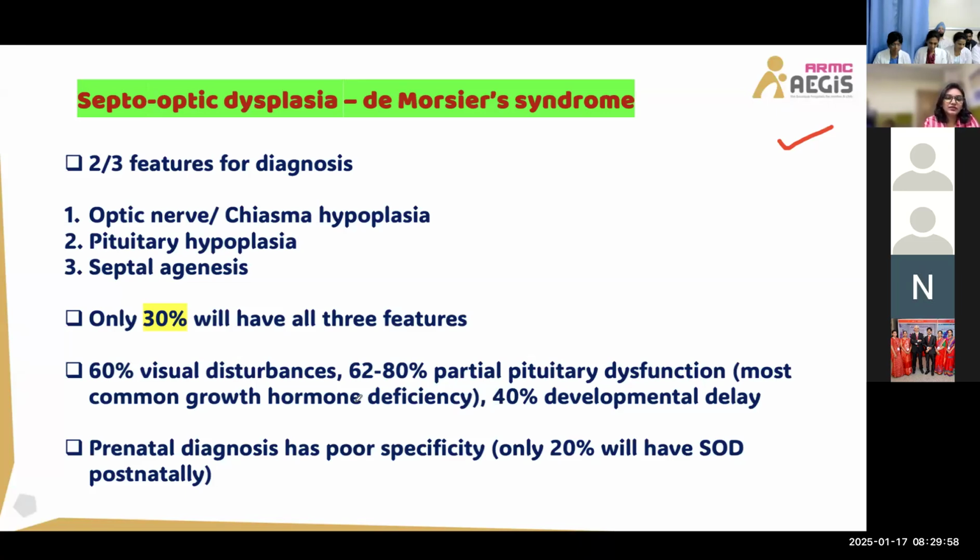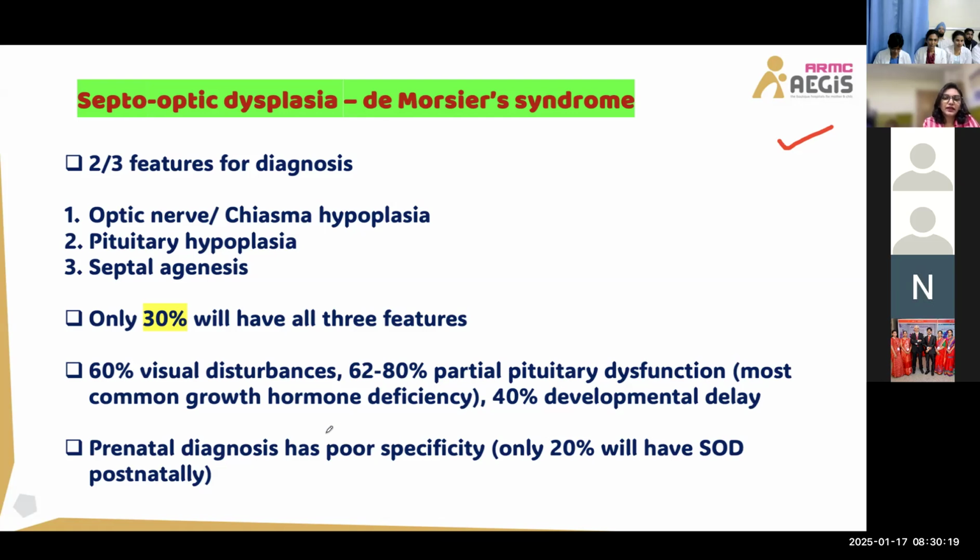Only 30% of the fetuses are found to have all these 3 features. Among these diagnosed cases, 60% are found to have visual disturbances, 62 to 80% are found to have partial pituitary dysfunction, most commonly growth hormone deficiency, and 40% are found to have developmental delay.